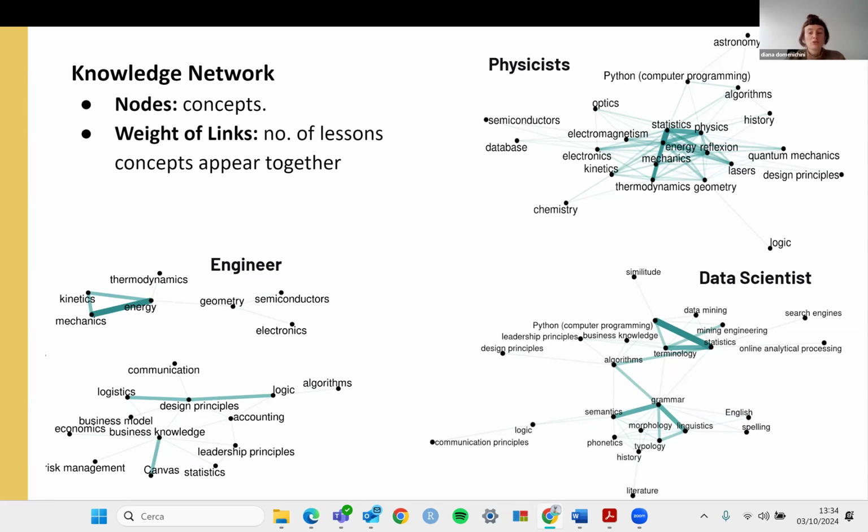But of course this has implications in practice. Maybe you see the engineering profile and you see that these two groups of nodes are disconnected, and maybe you want to connect them and create more connections about different topics that are in principle different.